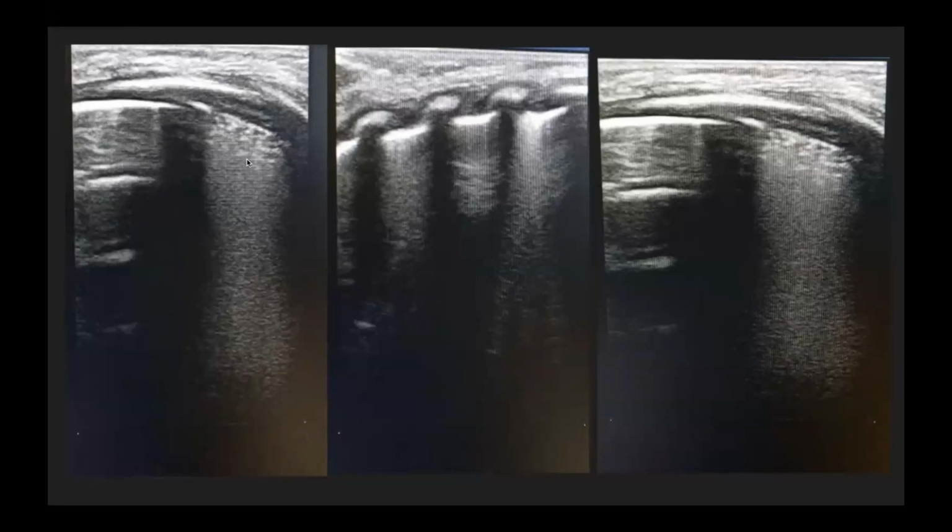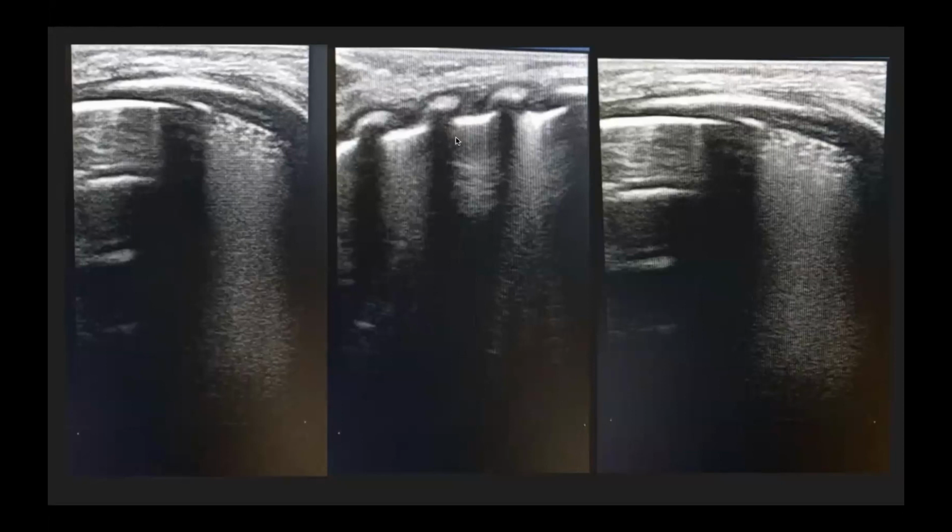Then a similar appearance on the other side as well. We could see a normal lung with A lines and occasional comet-tail artifact. But as we go caudally, we see this granular kind of appearance with confluent B lines. This is taken from the posterior aspect in a sagittal plane, where we can see confluent B lines.